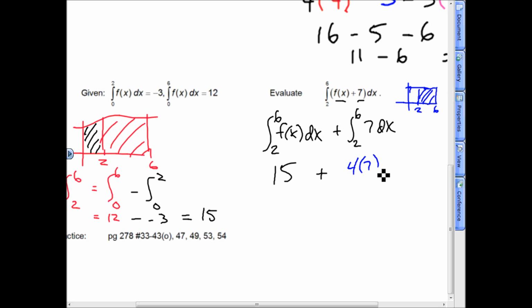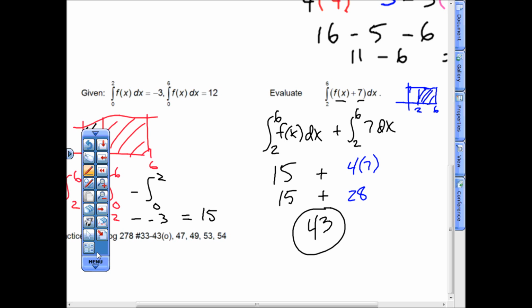Let's use geometry to figure out that area. 4 times 7 is 28. Take my 15, add on my 28. That looks like I'm going to have an integral value of 43 square units. So there's a way to work that out and get an idea what's going on with shortcuts.